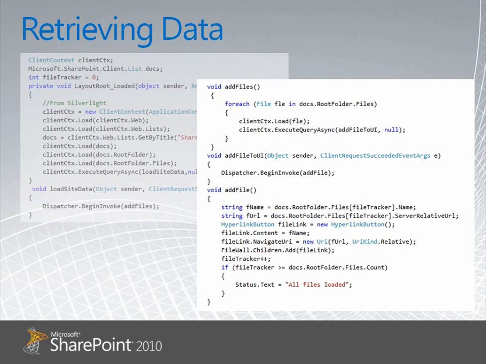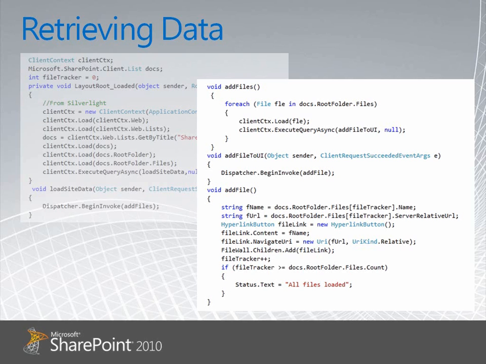So in our case we're assuming that this will succeed, and so again we will call dispatcher.beginInvoke, and the dispatcher switches our context back to the main UI thread, and we can start working with the user interface and those file objects. So we can add files to our stack panel, and we have a stack panel called file wall, so we can extract each of these files, its name and its server relative URL, and we can start building up the UI components such as hyperlink buttons.